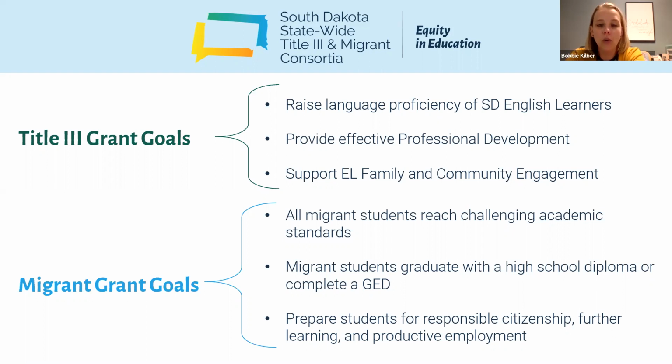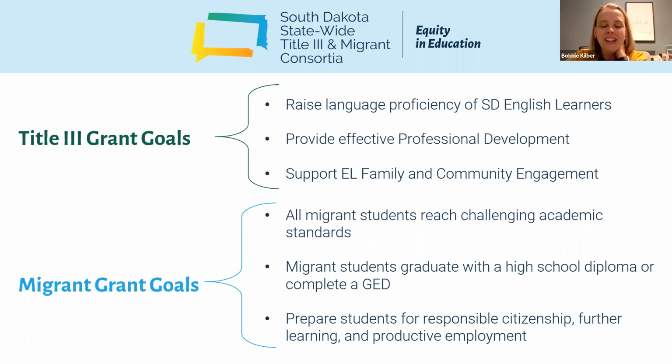And the migrant grant goals that we work from is we want these students reaching challenging academic standards, graduating or completing a GED, whatever their goal area would be, and preparing them for responsible citizenship, further learning, and productive employment. I think that CTE classroom settings can be really effective and just overall wonderful for these students. So I'm going to talk to you a little bit about how you approach the challenges you face with students who are new to country, new to our language, and so on.